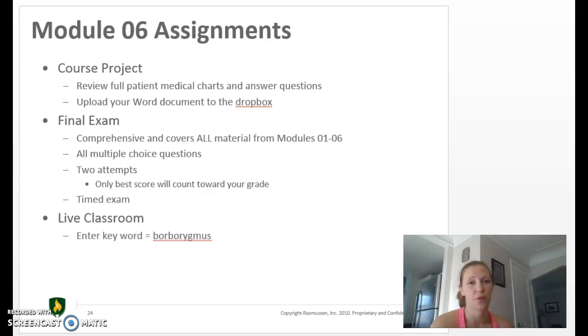If you're happy with your first score, then that's great. Then you're done with the course. If you want to take it twice, you can. The best score will count towards your grade. It is timed just like all your other quizzes, so keep that in mind as you start your quiz or exam. And then I mentioned in the last couple slides, the keyword for Module 6 is borborygmus, just because it's a fun word.